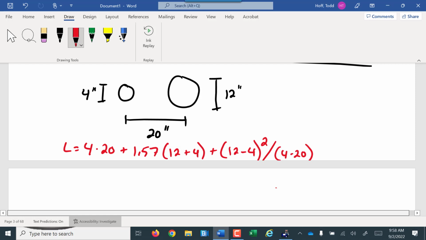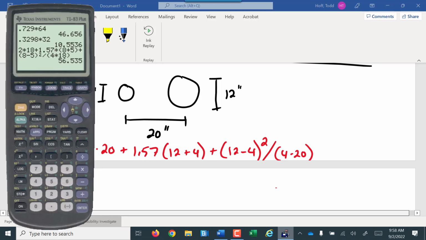So our formula would be 4 times 20. 20 goes in for C, plus 1.57 times, then for your diameters, 12 plus 4, and plus the 12 minus 4 squared over the 4 times 20. So let's punch that in. Yes, 105.92.